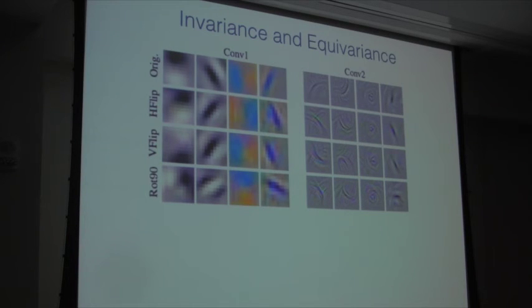So what people have noticed in this line of work is that if I take an input image shown on the top row, and I look at a visualization of what the first convolutional layer has represented or the second convolutional layer has represented, if I flip or rotate the input, it will flip and rotate the representation. So the first couple layers in the network seem to be equivariant rather than invariant.